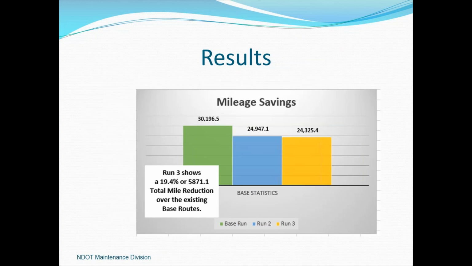It showed 5,871 mile reduction, or 19.4%. As everybody's aware, the big savings in route optimization are your trucks and your staffing time. There will be future savings in not having to replace some facilities.